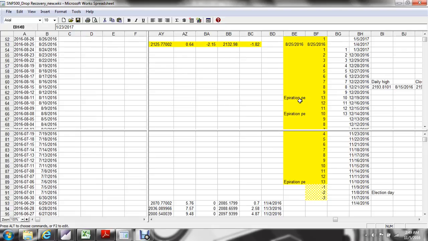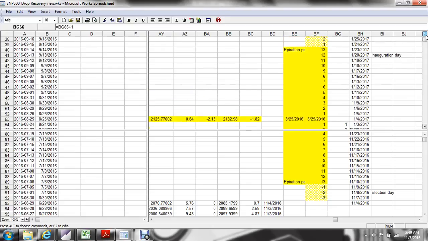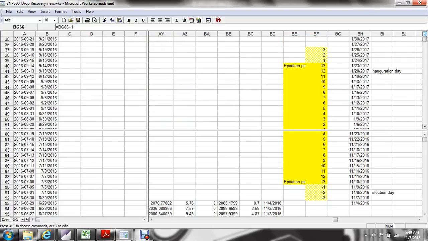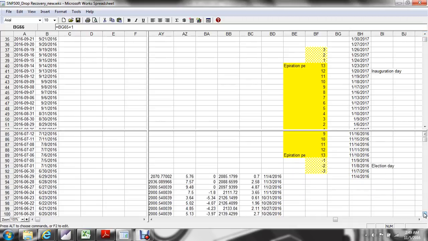The 13-day expiration period after the July one will end here, and the 13-day period before the August one begins here. So they overlap. These two indicators have an overlapping expiration period, so we're going to be in an expiration period for an extended period of time. Now, there's potential for volatility there.